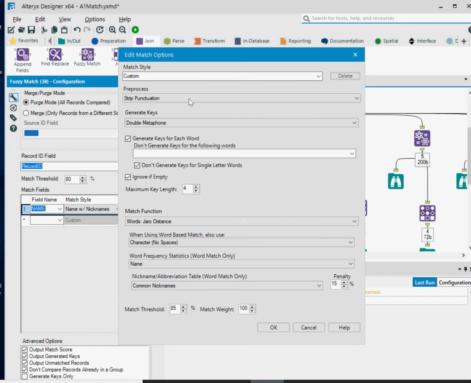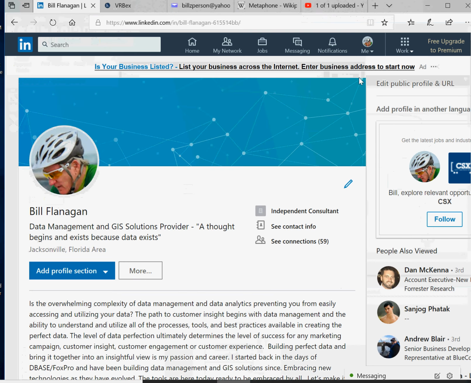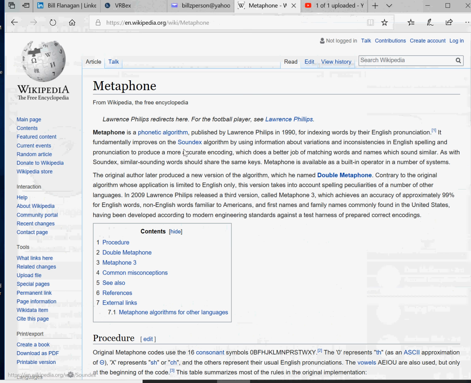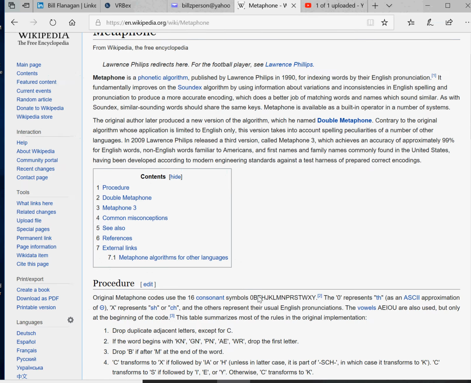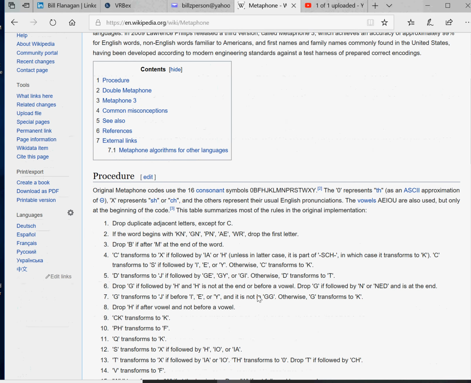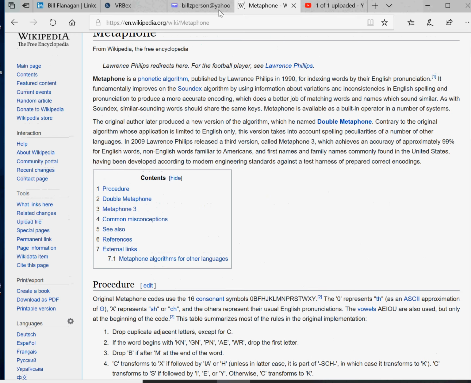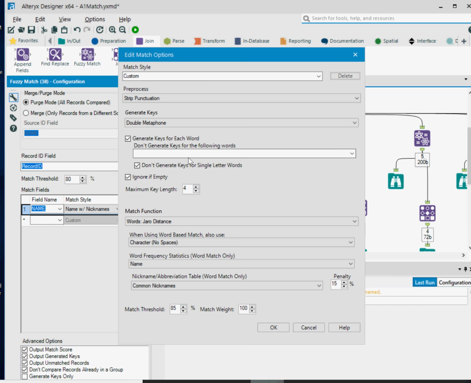For example, we're using Double Metaphone. It's a standard phonetic algorithm that breaks apart a word based on these rules into a set of symbols or letters. We can use that inside of Alteryx to build our group, and then within the group, perform the matching function.